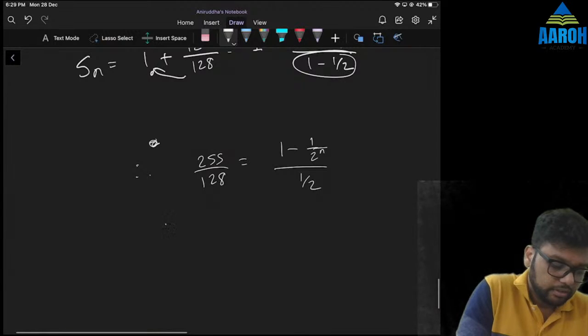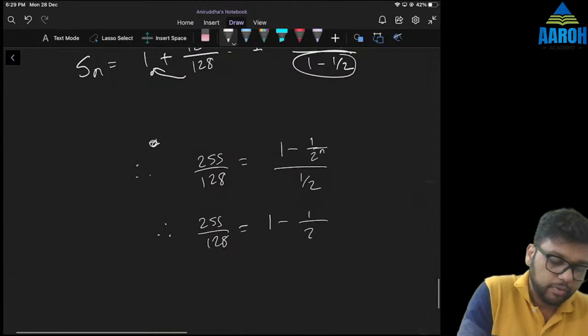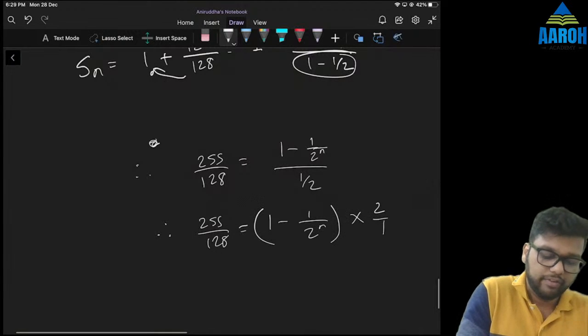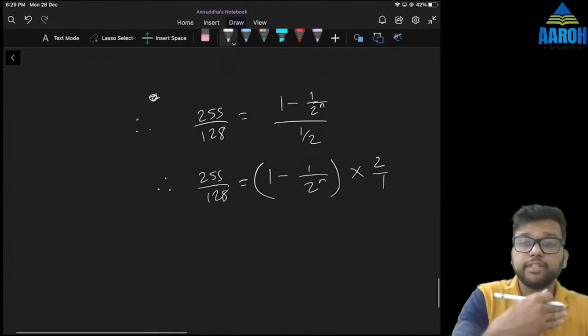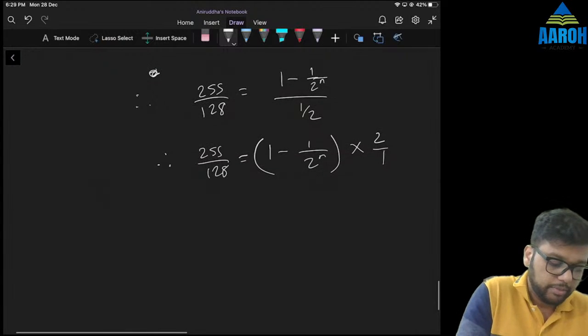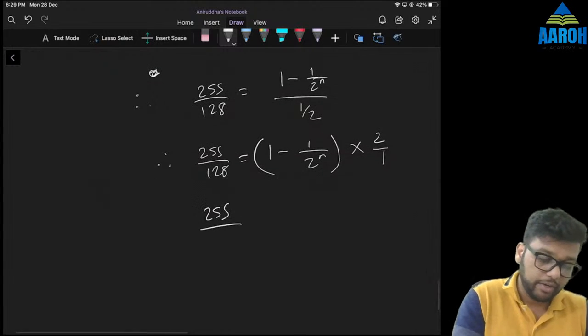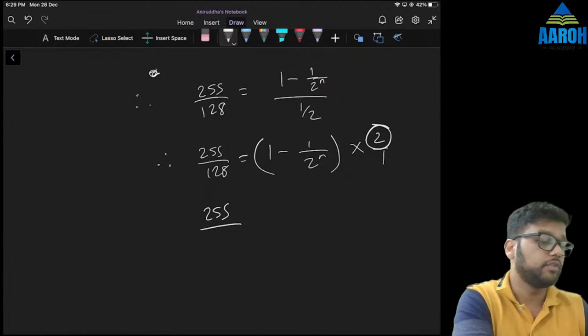Okay. So 255 by 128 is equal to 1 minus 1 by 2 raised to n into 2 by 1. Right. So let's divide that 2 to this side. So it will be 255 divided by 128 into this 2. 128 into 2 is what?